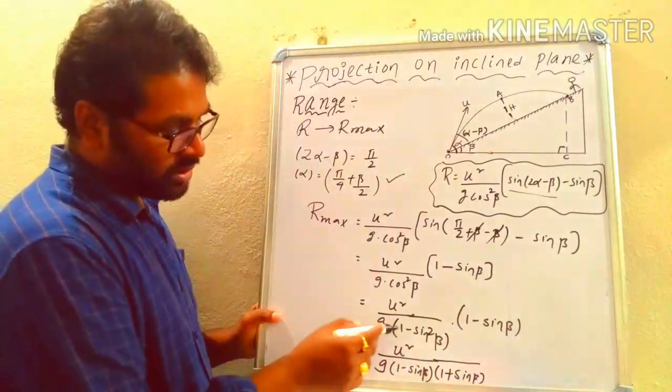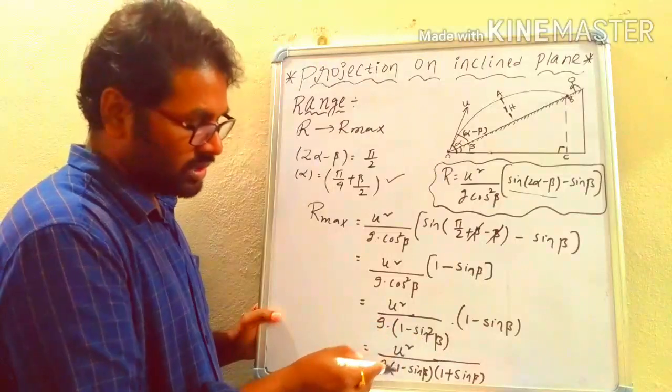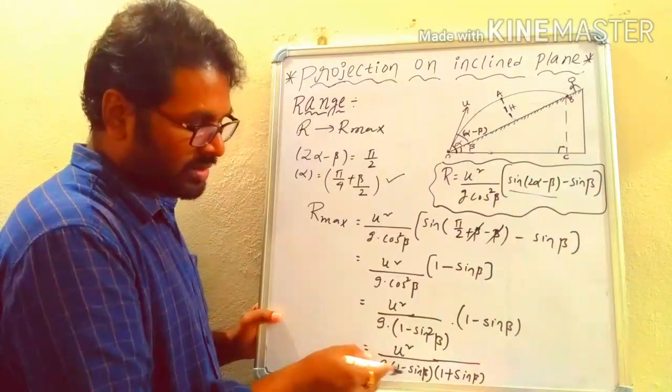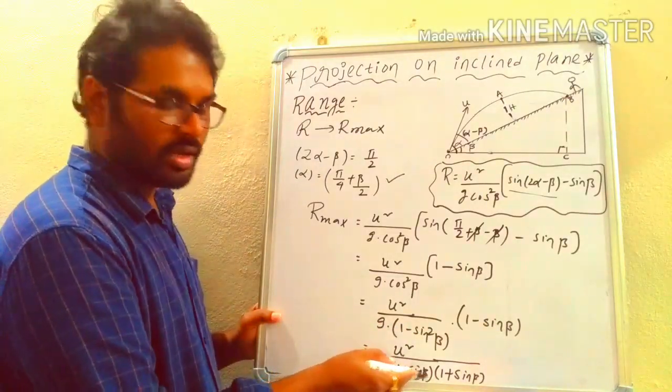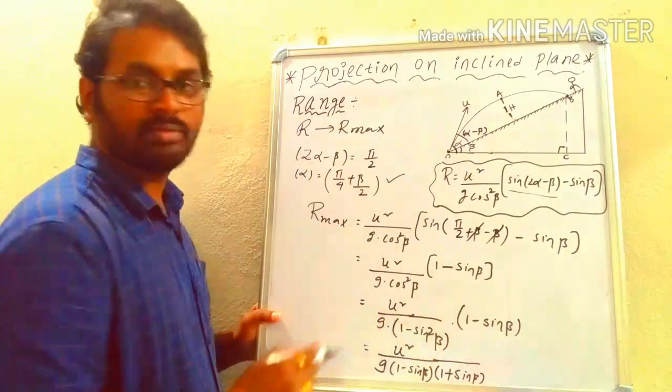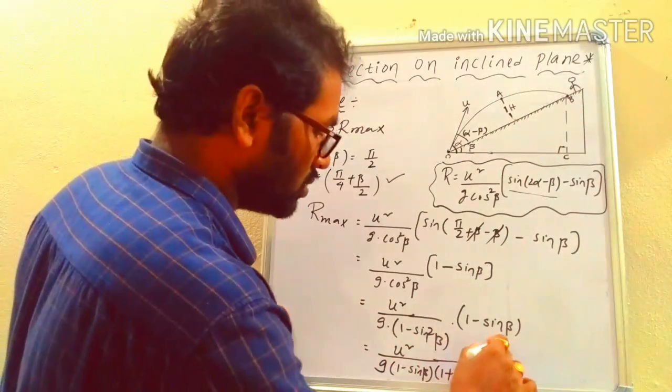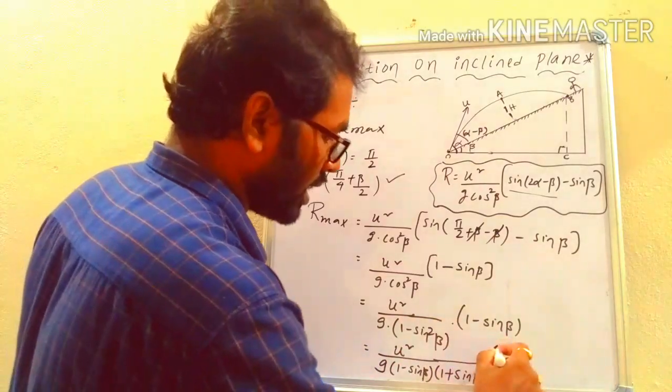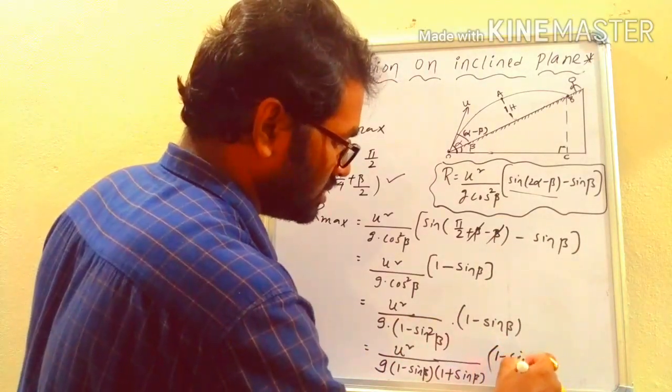In the numerator we have 1 minus sine beta.